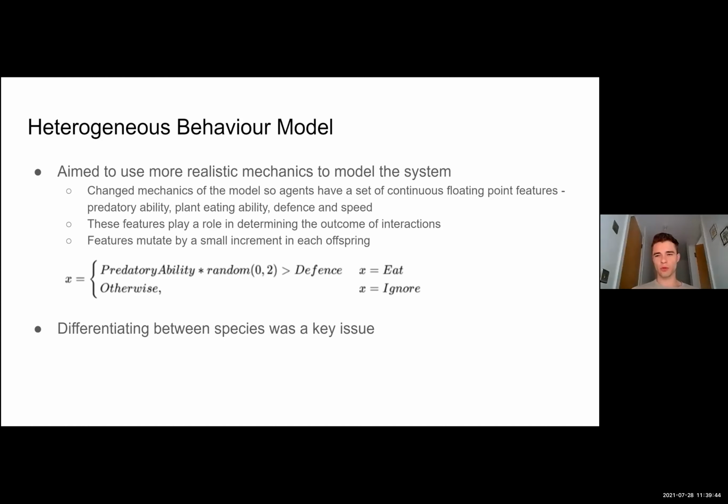With the first two models, they're very abstract concepts, and the features they have don't change the way they move within the environment. They only affect the outcome of the interactions. So the idea with this one was that it would not only affect the interactions, but also their movement within the environment, the way they interact with the environment, and the way they interact with each other, and all these things would play into the emergent behavior of the simulation.